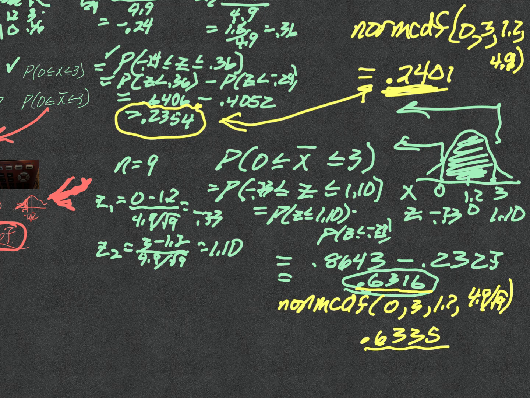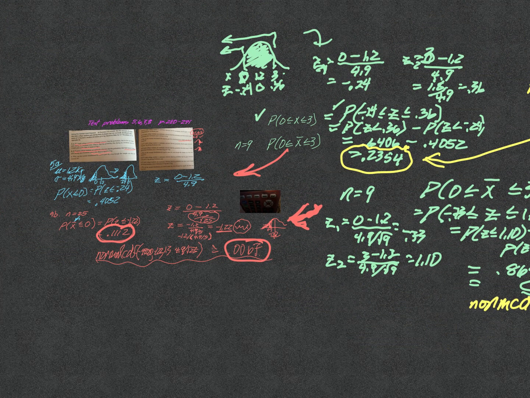So as you can see, you're close, but you're not exact. Same issue that we've encountered before. I think the problem I did earlier, I might have grabbed the wrong table value. These are enough different that I may have grabbed the wrong table value.